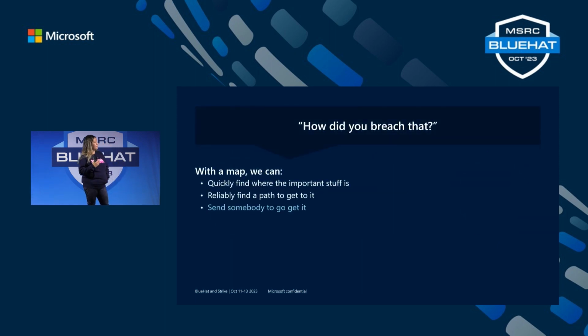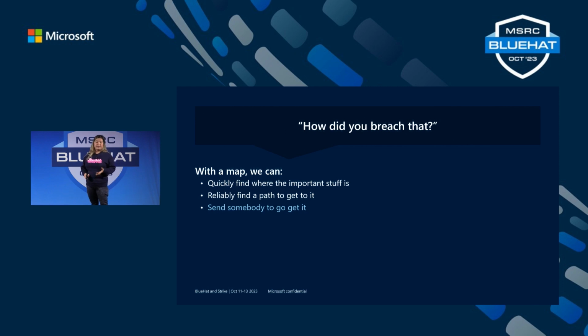And so, let's recap real quick, right? With this map, we can now quickly find where the important stuff is, because I can enumerate resources and see, hey, there's a key vault that would be nice to steal that has permissions to really good things. And then we can ask the graph, hey, find me a path to this, and use it and send somebody to go get the stuff and steal something from there worth stealing.